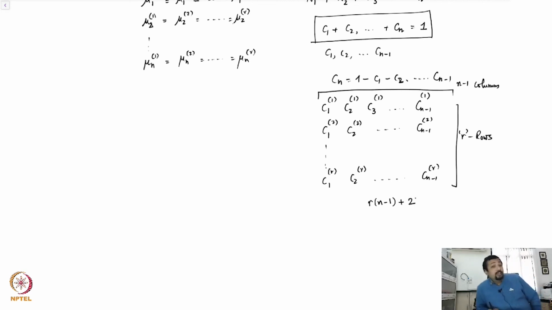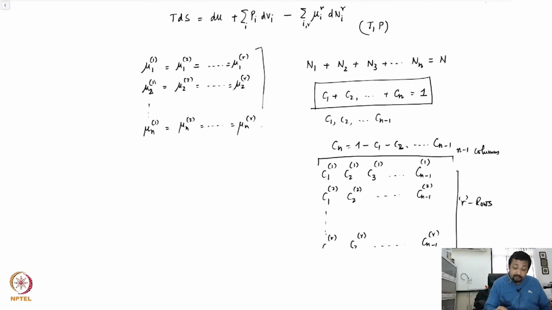But not all of them can be independently varied, because I have this restriction that restricts the chemical potential. This is an equilibrium condition, a chemical equilibrium between the different components and their phases. And here you clearly see that I have n equations and r minus 1.